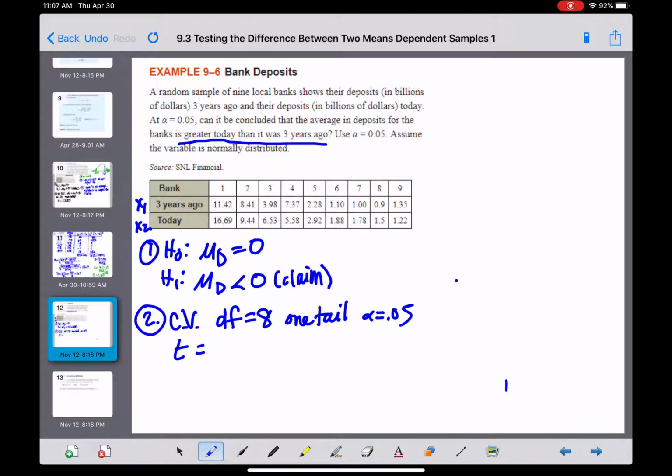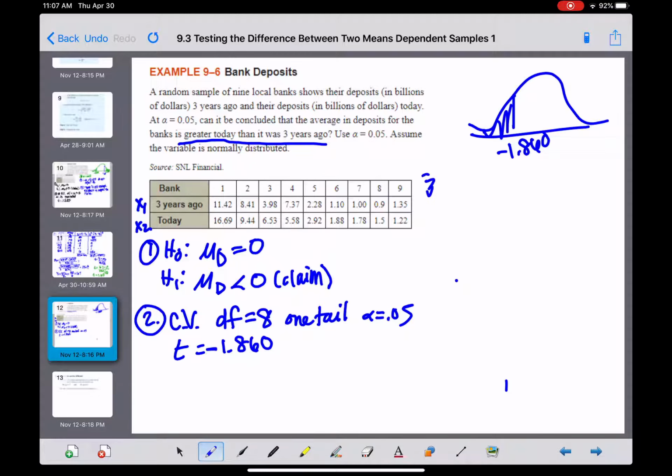That's the second column, and go down to 8. And you're going to get 1.860, but it needs to be negative because it's a left tail test. So our picture is negative 1.860, and we want to know if it's in the rejection region.